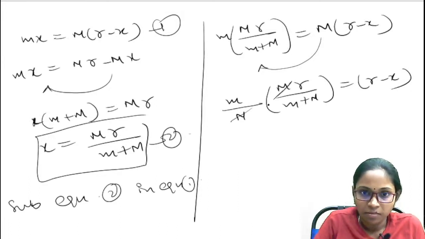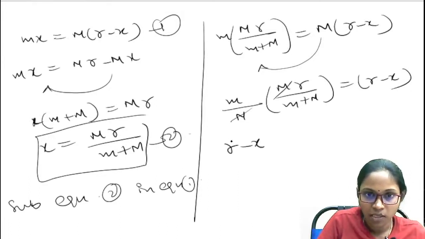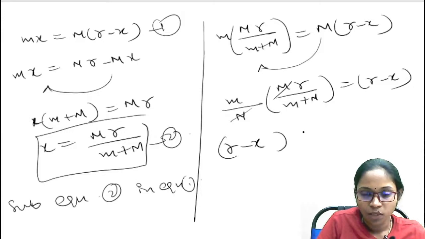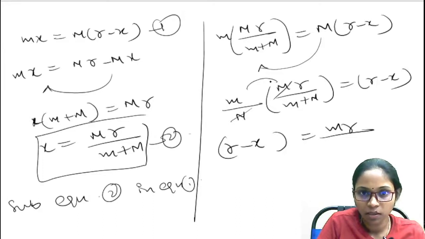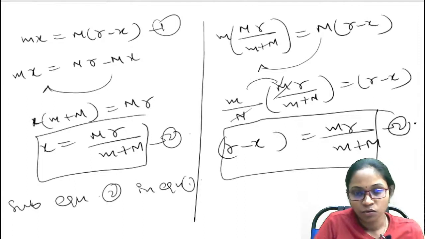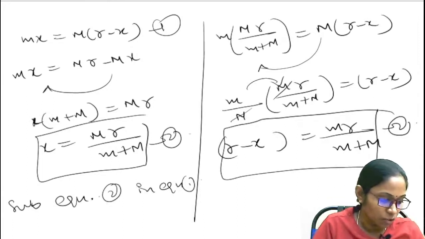So capital M gets cancelled, therefore r minus x is equal to small m into r, divided by m plus capital M. This is equation number 2.